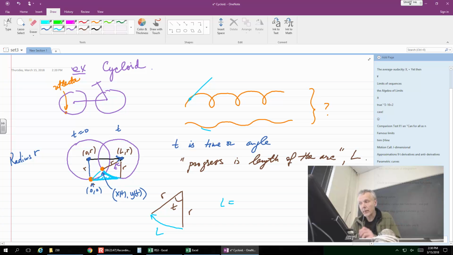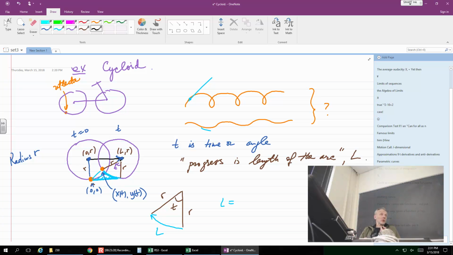Now this is a trigonometric issue, and I wonder if you remember the relation between the length of the piece of the circle versus the angle. I want to express L in terms of t. Do you have any recollection? What if r is equal to 1 at its simplest?